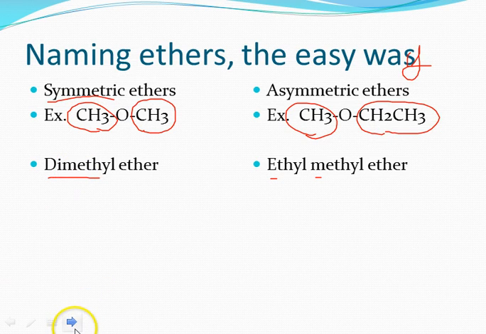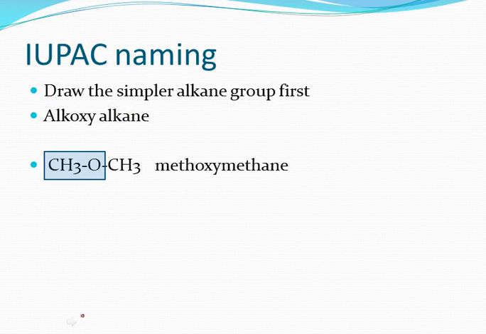Are we ready? So the official naming would be to draw the simpler alkane on the left, just to make it easy for yourself. And then you name it as an alkoxy alkane.